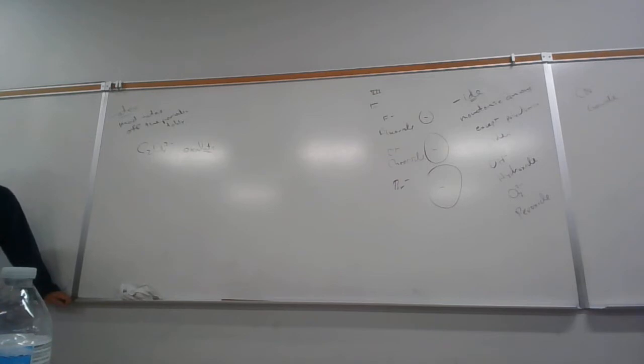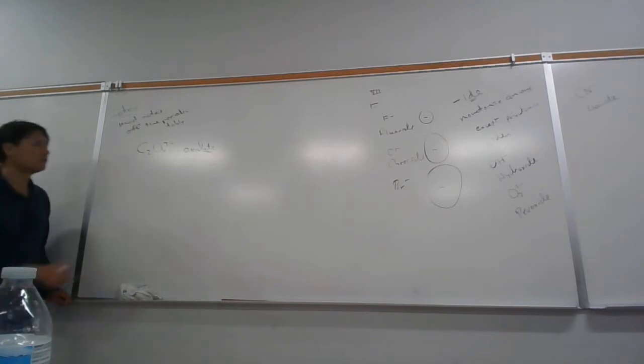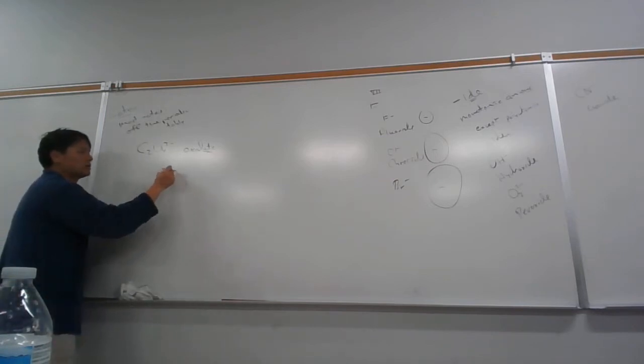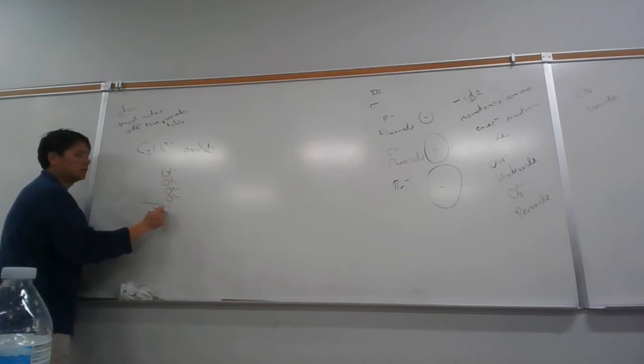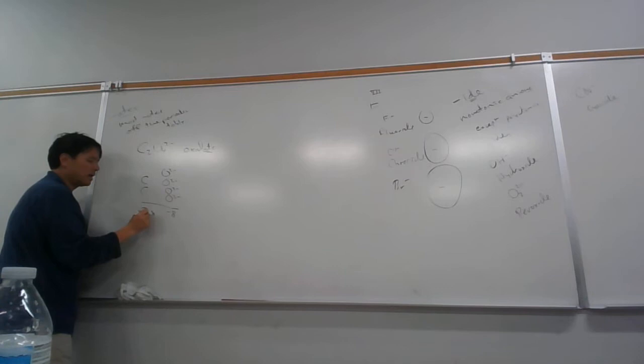And so in this case, what would the carbon be here? Oxygen likes to be 2 minus. If each oxygen were 2 minus, we have 4 of those, and that gives us a total of -8. And then we have 2 carbons. 2 times X plus -8 has to equal the net charge of -2.